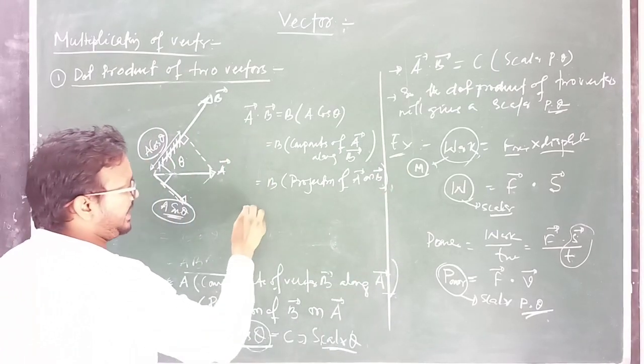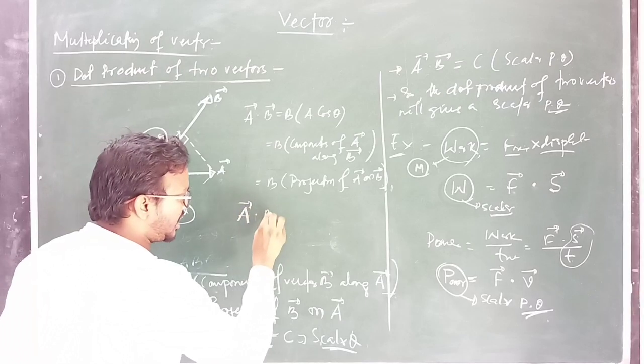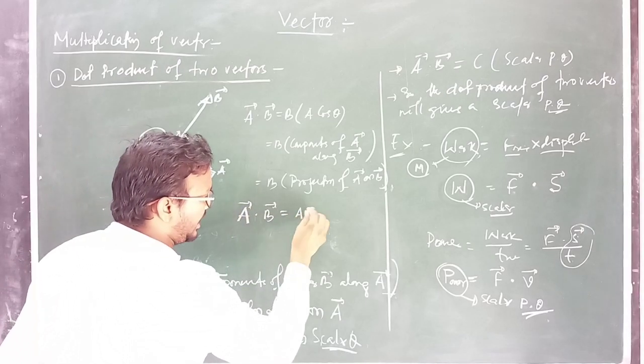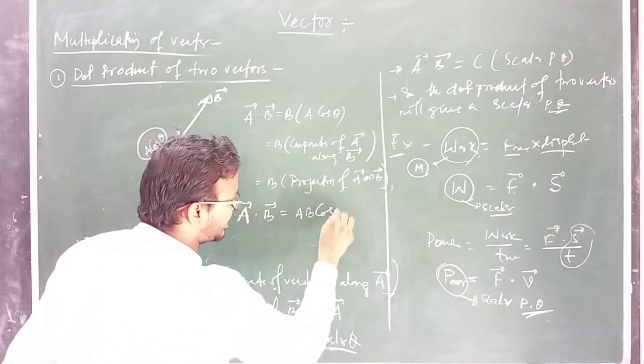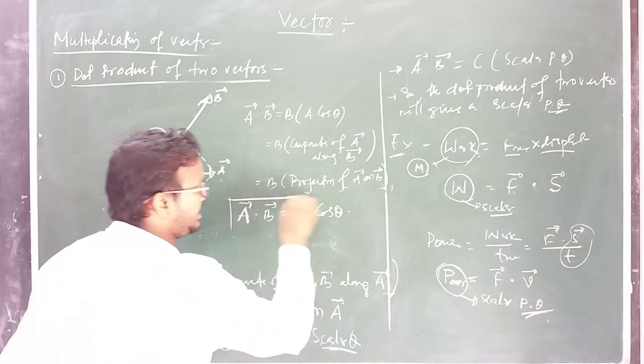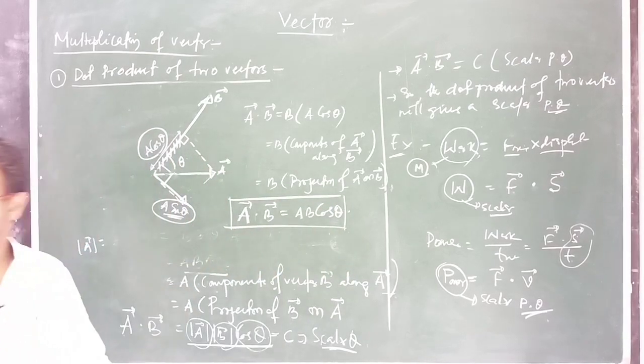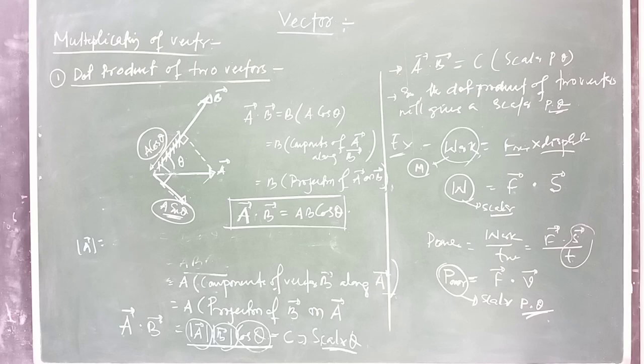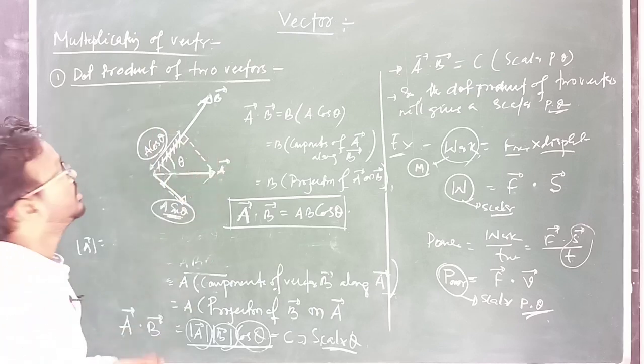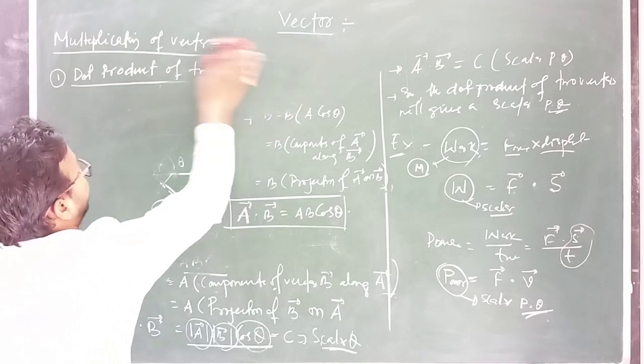Clear? And this is simply, you have to remember, A dot B vector equals AB cos theta, where theta is the angle between A vector and B vector, clear? This is all about the dot product of two vectors.